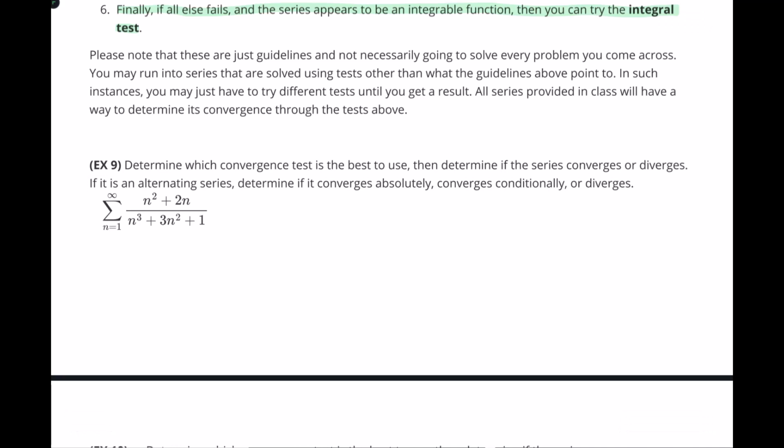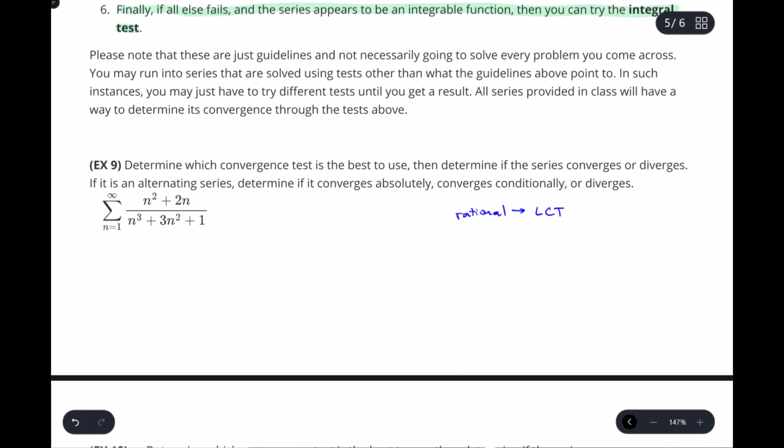So we want to determine which convergence test is the best to use, and then find out if the series converges or diverges. In addition, if it happens to be an alternating series, we want to know if it's conditional or absolute convergence. All right, so this particular function is polynomial, all right, so rational. I should be careful in saying that. So rational function, I always think that the best choice there is the limit comparison test.